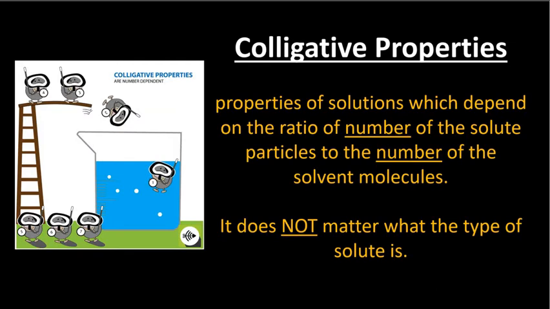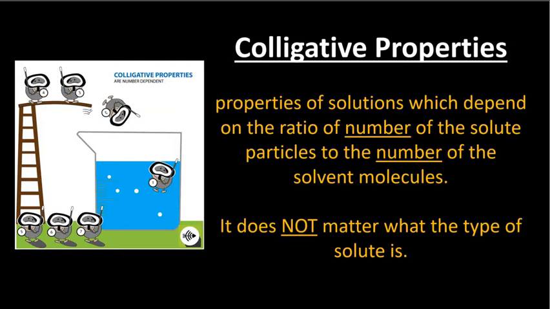Something like sugar, remember, covalent substances don't come apart for the most part. So every sugar molecule you put in would only count once. Now, the thing is, it does not matter what the solute is, what you're dissolving in. It only depends on what the number of the particles is as to how these properties act in a specific solvent.